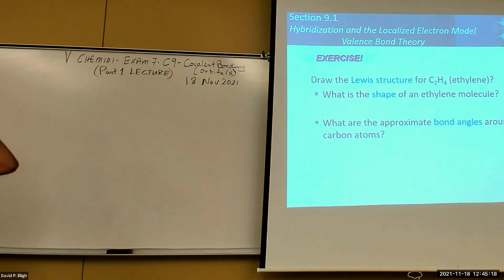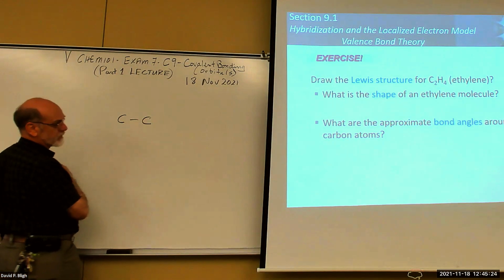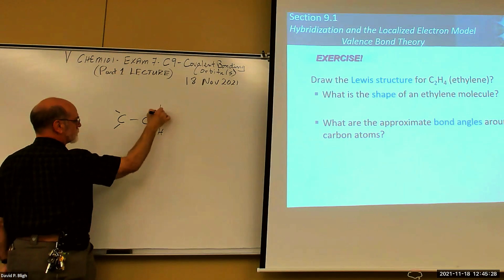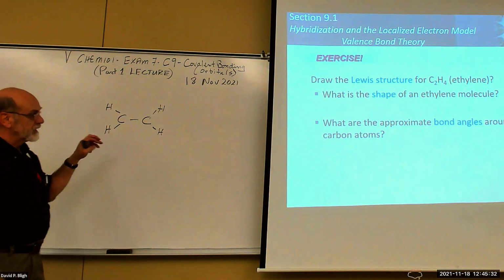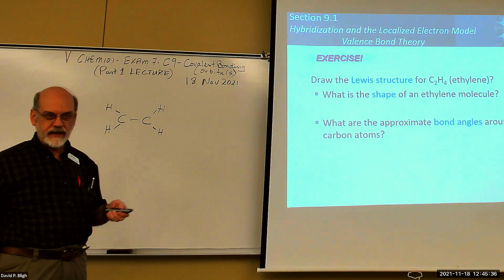Okay, how about ethylene? So what's ethylene? We can draw the Lewis structure for ethylene. Right? 2 carbons are bound together, and then the 4 hydrogens are attached to each one of these. The reason I'm drawing it out like this is to illustrate the conventions that are associated with organic chemistry.